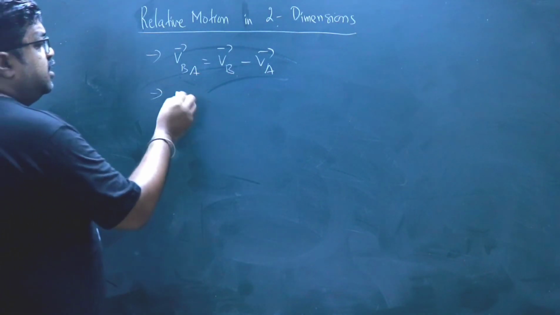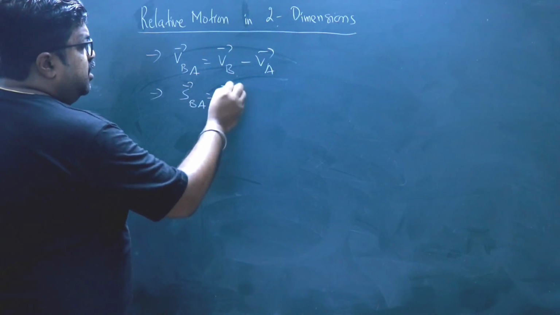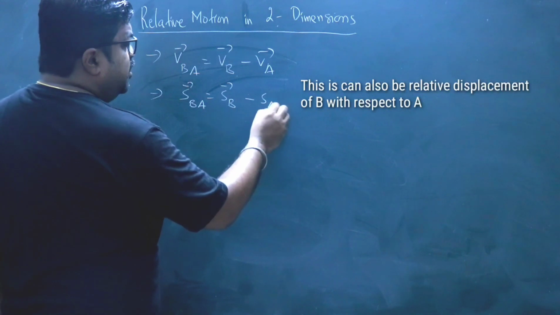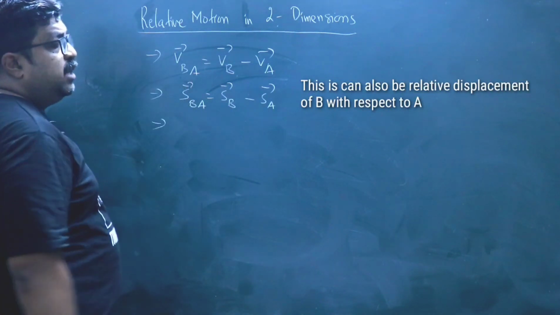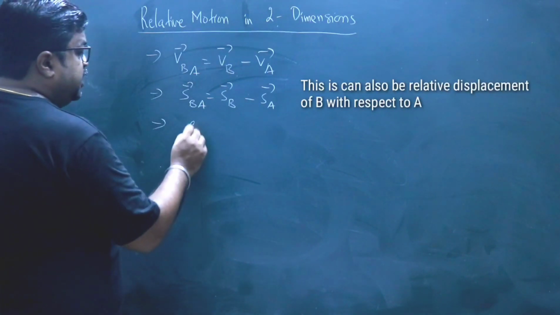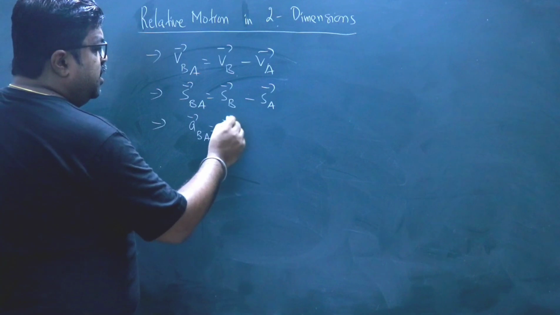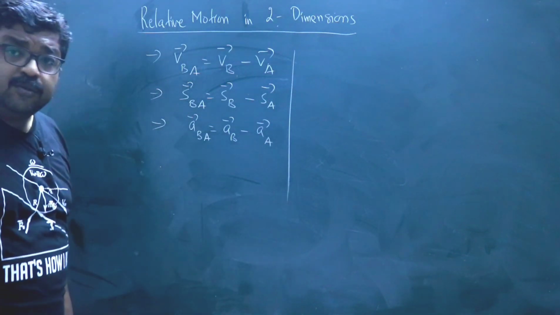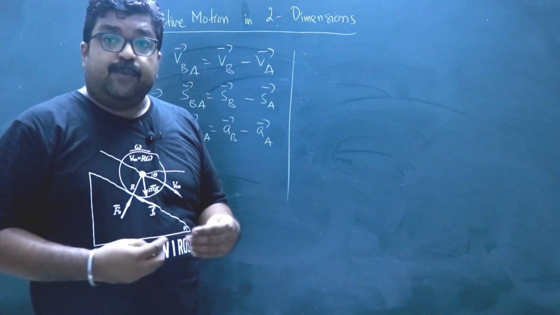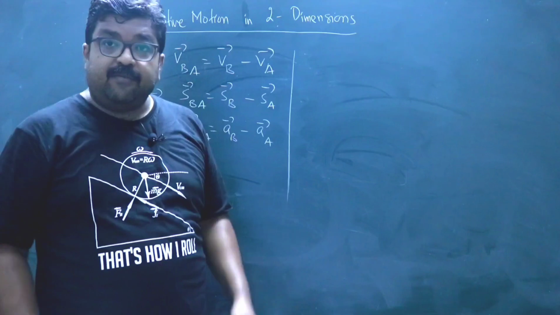Similarly, position of B with respect to A is position of B minus position of A. For acceleration we can write acceleration of B with respect to A as acceleration of B minus acceleration of A. Now suppose we have two particles A and B which are moving with regard to the same frame of reference.